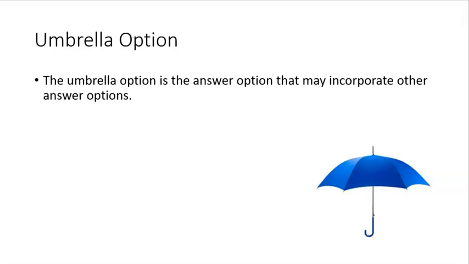Other options that would fall under that umbrella could be listed: supply the trauma room with the things you're going to need, call the ICU to request more nurses, call laundry to make sure you have blankets. But call the nursing supervisor to activate a disaster plan is going to incorporate all of the other answer options, making it the correct answer. Since it's incorporating those other answer options, it's known as an umbrella option.